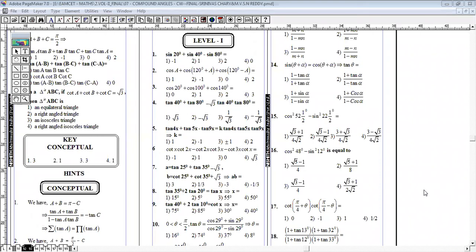Now look at the fourth problem. I have to find the value of tan 40 degree plus tan 80 degree minus root 3 times tan 40 into tan 80.